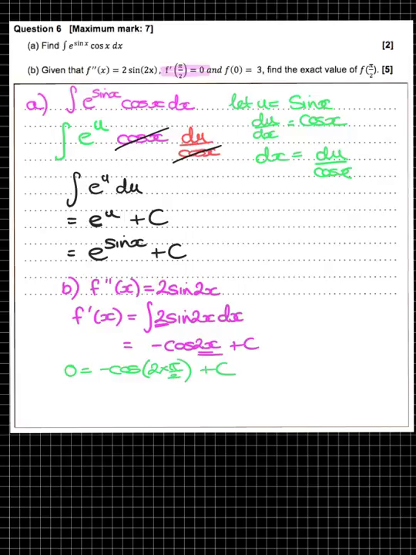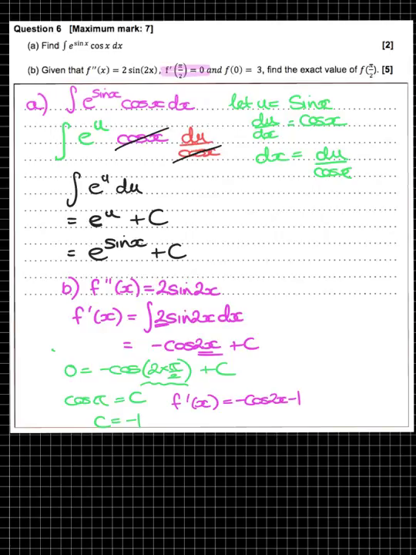Okay, so clearly this bit here is just going to go down to pi. Okay, we can take the negative cos pi onto the other side, so it becomes cos of pi equals c. Now, cos of pi, hopefully you know, is -1. So c is equal to -1. So what we've got there is that f prime x equals minus cos 2x minus 1.